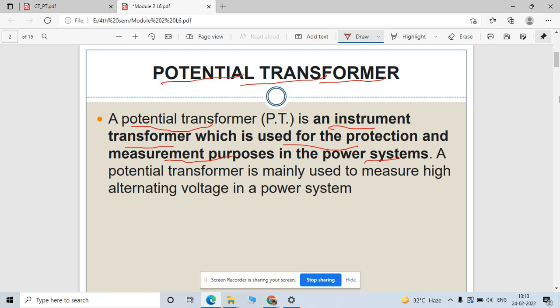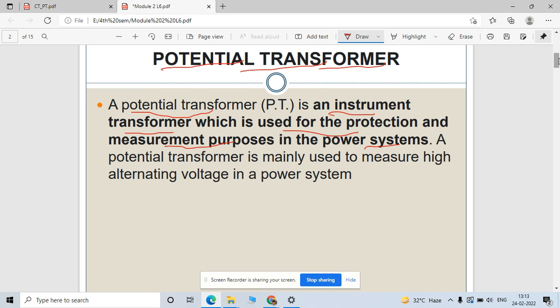As we see, the use of current transformer is for the measurement of current, and that will give the signal, or you can say the feedback, to your relay and your circuit breaker. Accordingly, whether a healthy condition or an abnormal condition arises, the relay and your circuit breaker work accordingly.